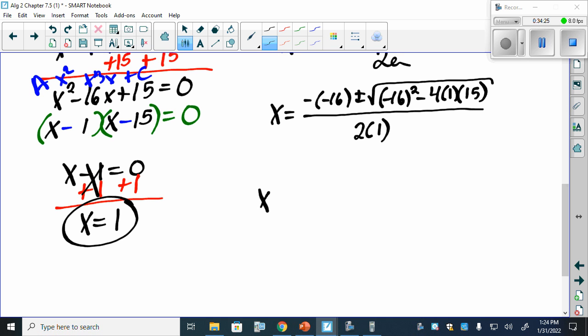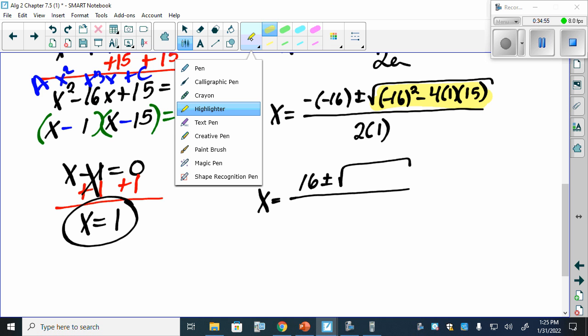Now at this point here, we do need to simplify the different parts of this equation here. So the negative negative 16 is just going to give us a positive 16. Now at this point here, I would plug everything that's inside of here into a calculator. I wouldn't use the square root just in case we get a decimal answer.